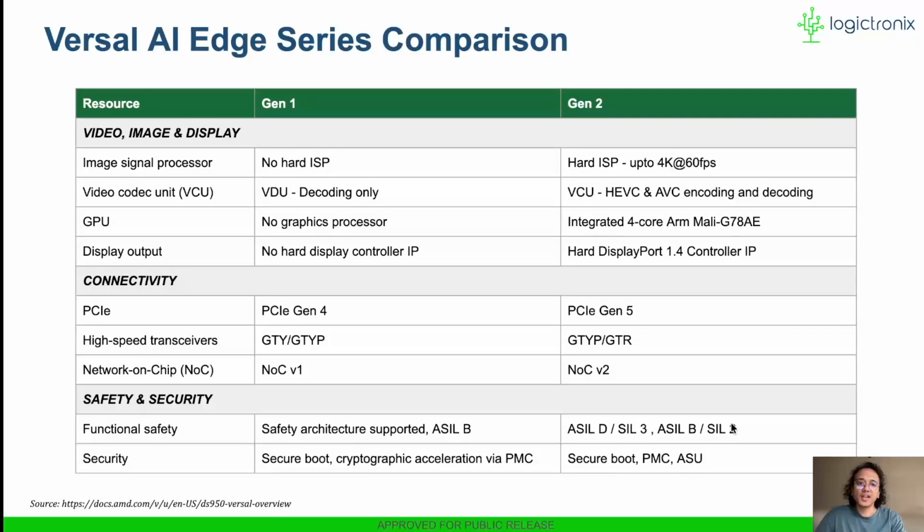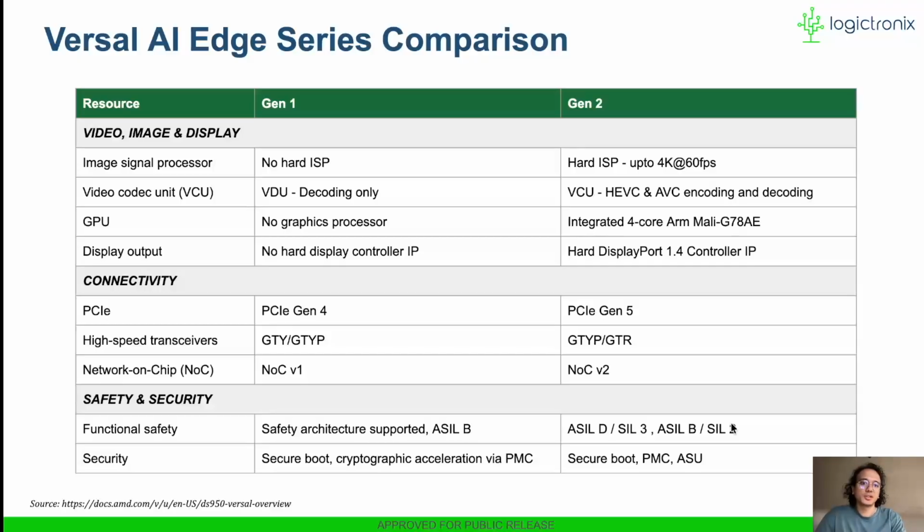Now specifically regarding the hardware integrated IPs, those available in Gen 1 were limited. So the advantages that Gen 2 brings are specifically beneficial for the ADAS application. Like the image signal processor, there was no hard ISP in Gen 1, so we had to instantiate a PL ISP.